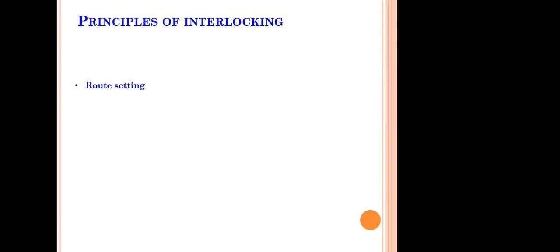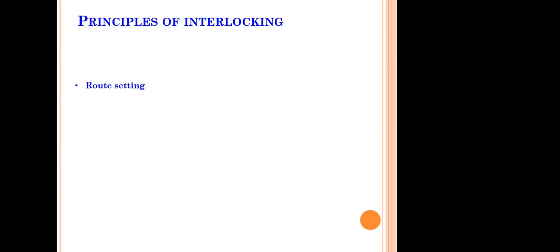So the first rule says, in the simple way I have told, route setting. As you saw, for the President's travel, we have set a route. In the same fashion, for a train, I need to set a route. On which route I am taking a train is decided by the point setting, as you know. You will be learning more in detail in the designer's course. What is the exact definition of the first rule, which as a signal designer or a signal engineer, we need to bear as it is.